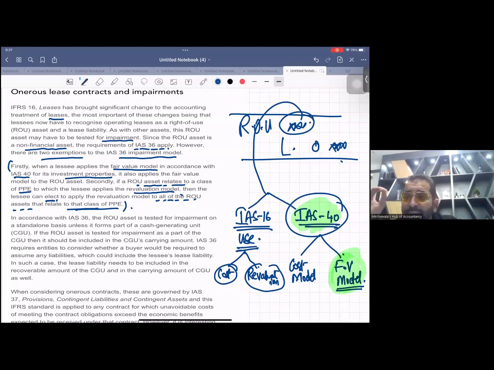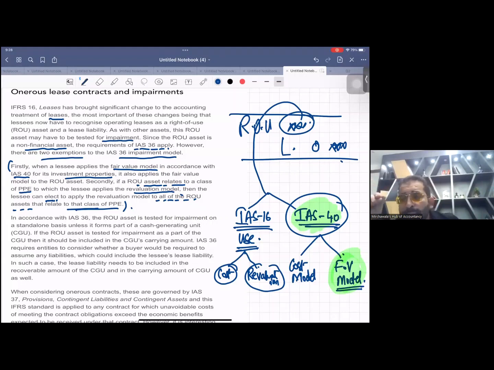So now just think, today you have taken an asset on lease. And that asset belongs to IS 16 because you have taken it for usage. And that asset falls in the class of asset on which the revaluation model has already been applied. So obviously now you have to apply the revaluation model on this as well.